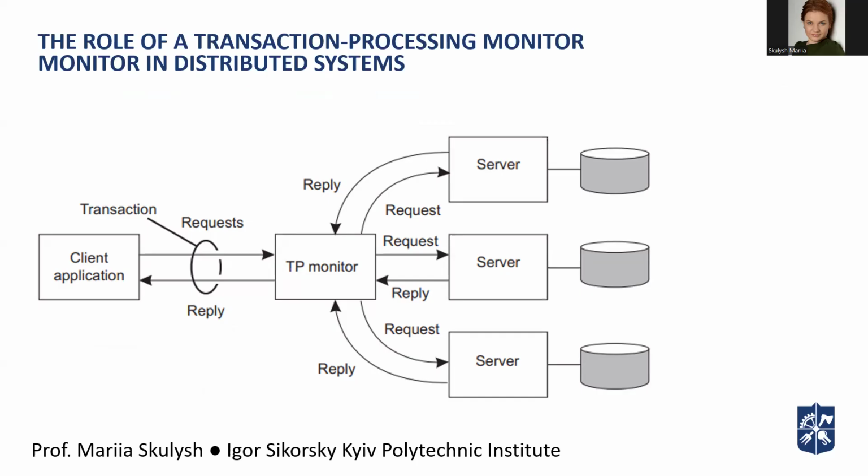According to the rules of transaction processing monitoring of a distributed system, we can see that the client who sends a request to this distributed system just communicates with this TP monitor, and this transaction monitor chooses which server will process the request.